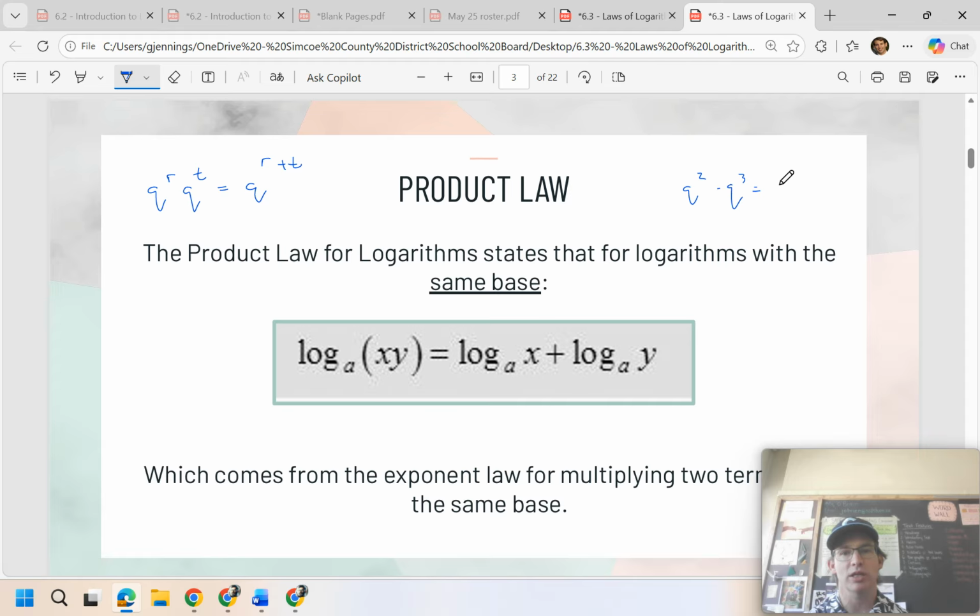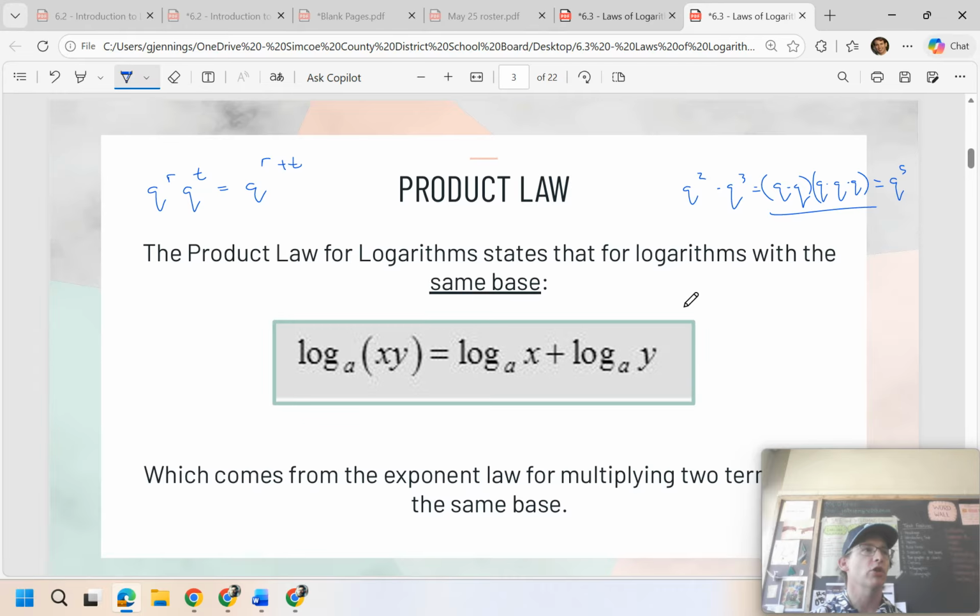You write it out in expanded form. There's q squared, it's 2 q's multiplying. Here's q to the power 3, it's 3 q's multiplying. And you count them up, and you're like, I can see why I add the exponents. You'll want that base level of understanding of the thing you're doing, rather than just blindly applying the exponent law.